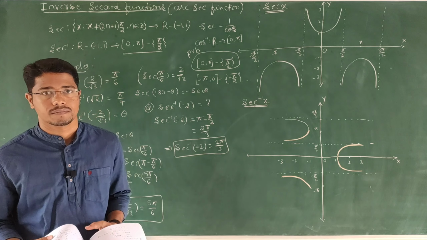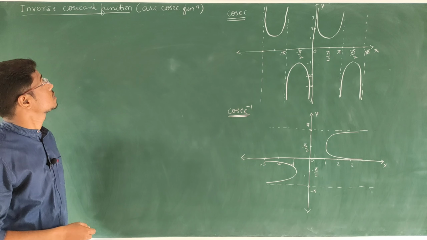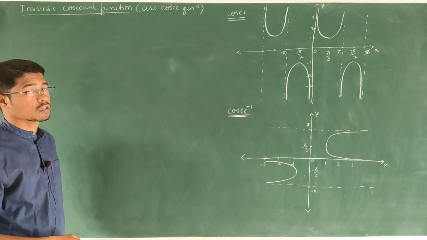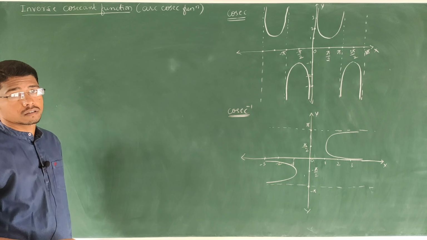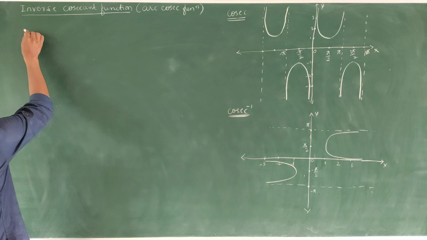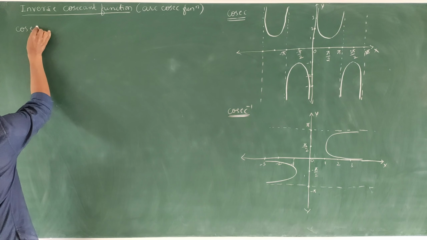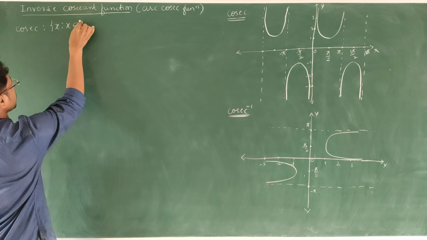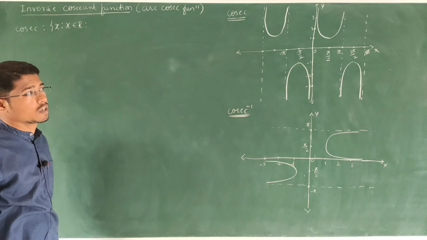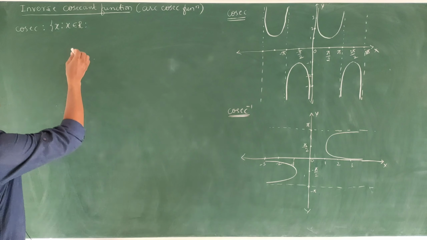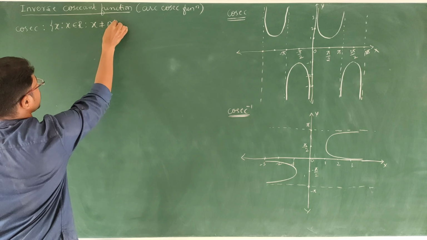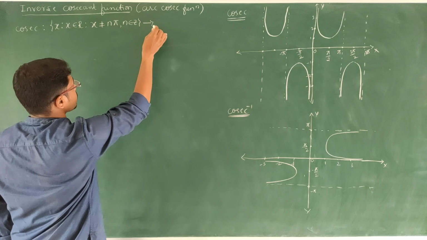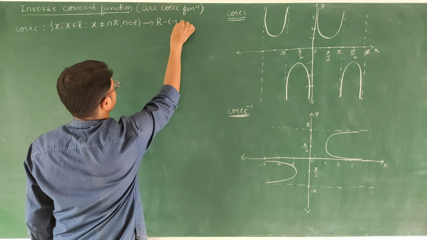Next function is the inverse cosecant function, that is cosec inverse function, or else we may call it arc cosec x. First let us see about cosec. So cosec is a function from x such that x belongs to R and x is not equal to n pi, n belongs to Z, to R minus of minus 1 to 1.